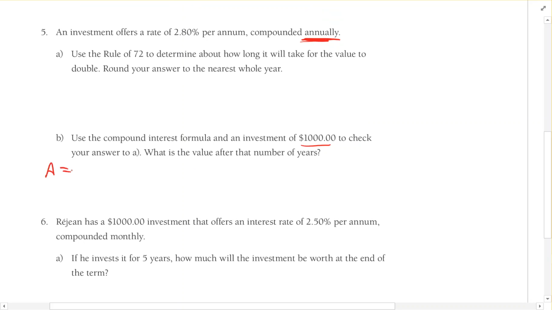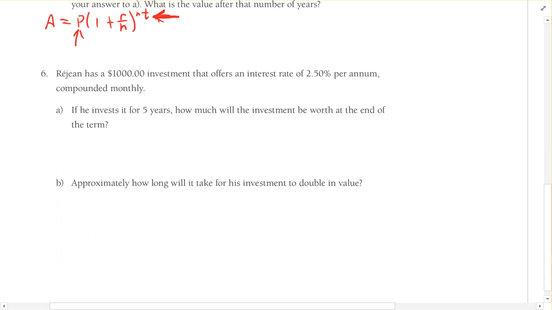So really what you're doing here is you are going to use your compound interest formula, A is equal to P. You're going to put in $1,000 for P. And then what you're going to do is use your number from above, the one that you figured out for your time, to go in here. That should be interesting, right? So what's the value after that number of years? That's what you're doing. Okay, so go ahead and answer 5B now.